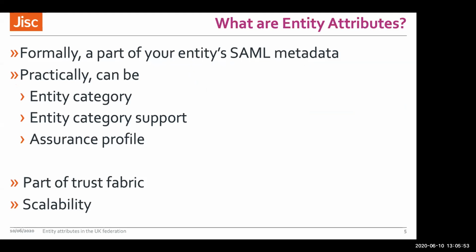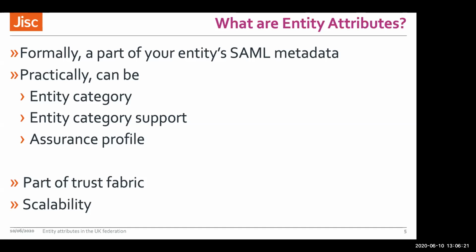And formally, entity attributes are part of your entity SAML metadata. Traditionally, you would have had web service endpoints and maybe a display name and some contacts. Somewhat later, we got certificates, and entity attributes were defined in 2010, somewhat after the SAML metadata specification.